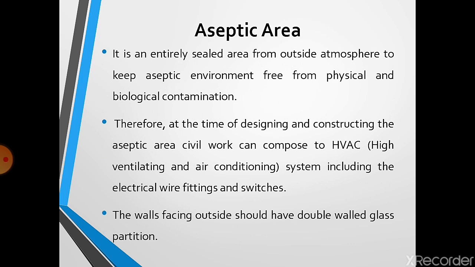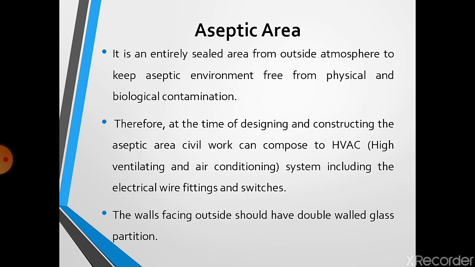Aseptic area. It is an entirely sealed area from the outside atmosphere to keep the aseptic environment free from physical and biological contamination. A person moving into the aseptic area should not carry any microorganisms on their body, so physical contamination should be avoided.